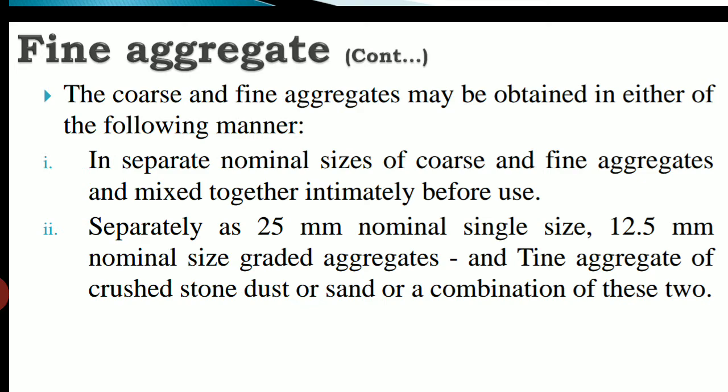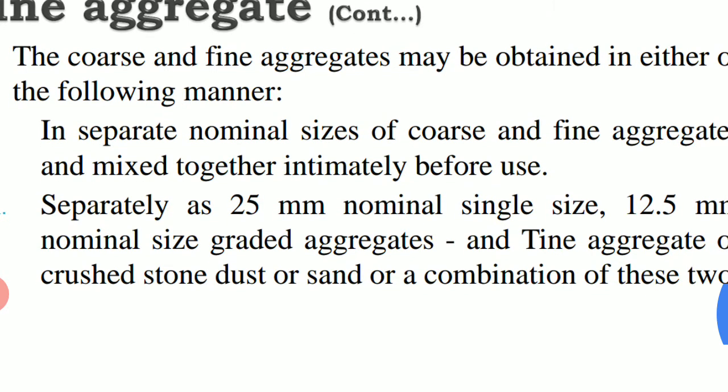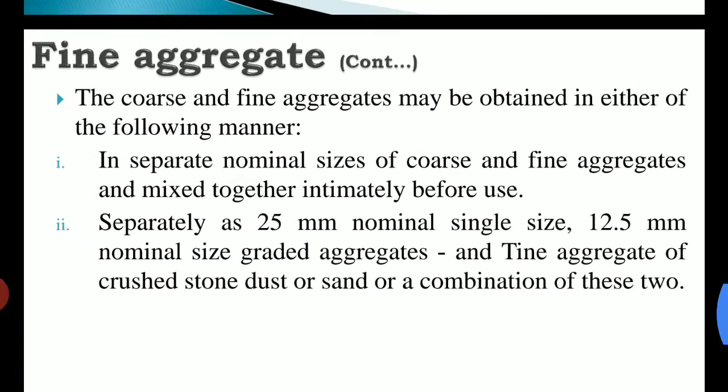Or separately as 25 mm nominal size and 12.5 mm nominal size graded aggregates, and fine aggregate of crushed stone dust or sand, or a combination of these two. So either we can use 25 mm nominal single size or 12.5 mm nominal size of the graded aggregates. These sieve sizes of aggregates can be used in the construction of lean concrete.